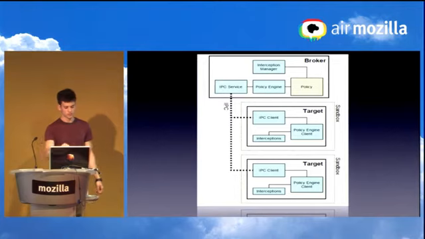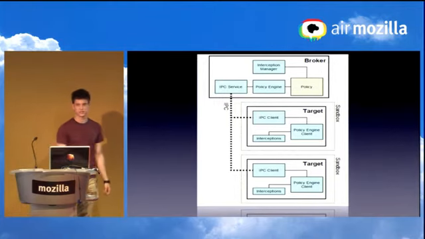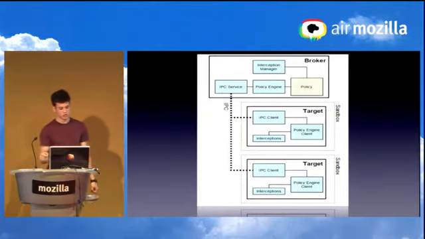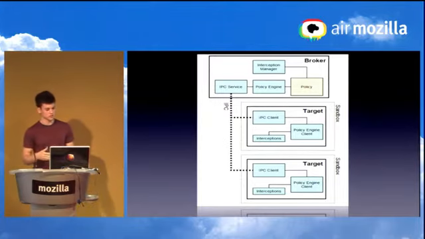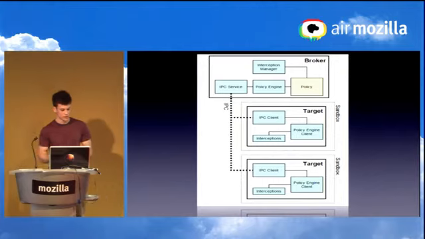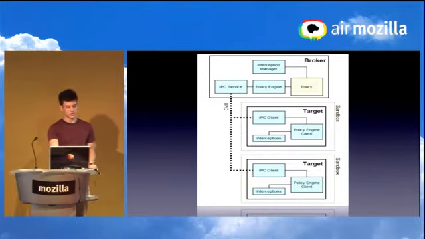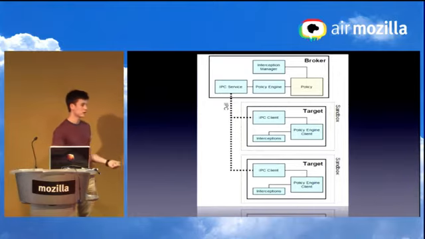So here's a nice illustration. We have the broker with its policy and two target restricted processes. The most interesting problem is add-ons. If an add-on tries to access a resource, that request is intercepted and sent along the IPC to the broker's API.